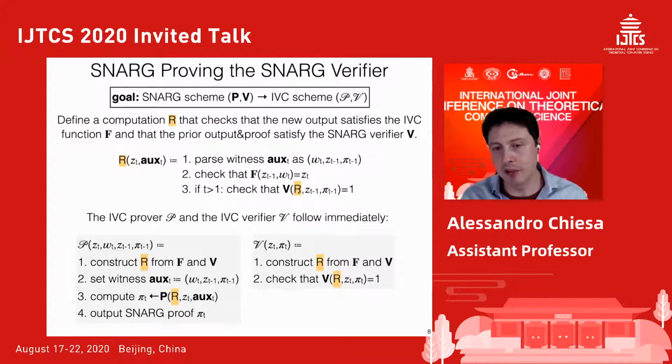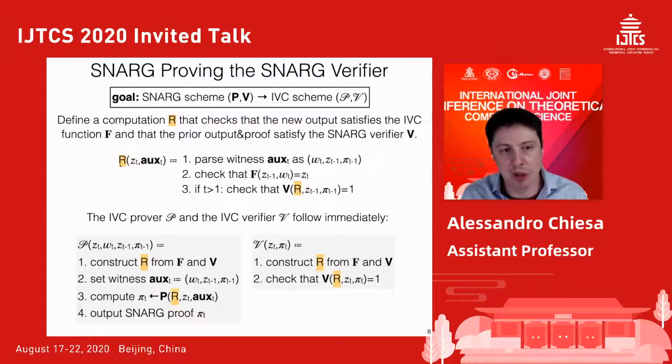This can be resolved because typically in snark constructions, the verifier doesn't actually receive the circuit as input, but it receives a cryptographic commitment to it. So the way you would actually create this R is that R receives as input not just ZT, but also some generic commitment. That generic commitment will be given as an input to the snark verifier.